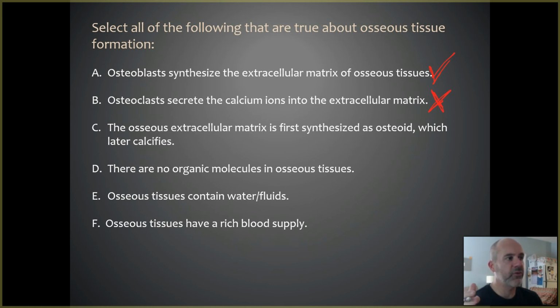The osseous extracellular matrix is first synthesized as osteoid, which later calcifies. That's actually true. If you go back and look, osteoid contains the protein fibers. There are protein sugar combinations in there called proteoglycans, like chondroitin sulfate.